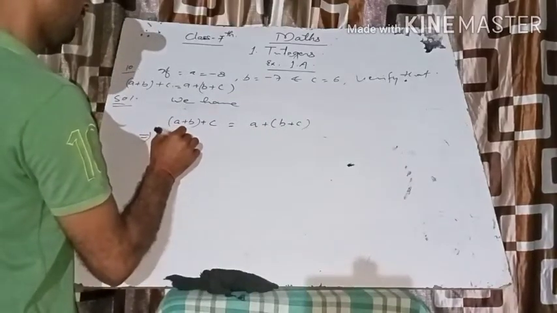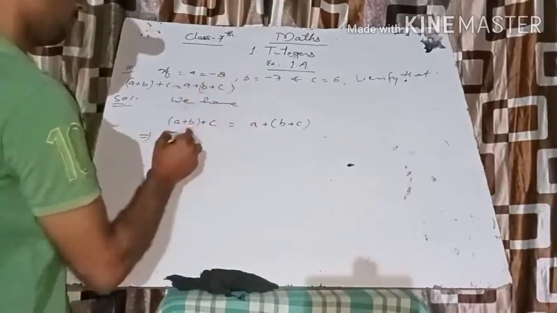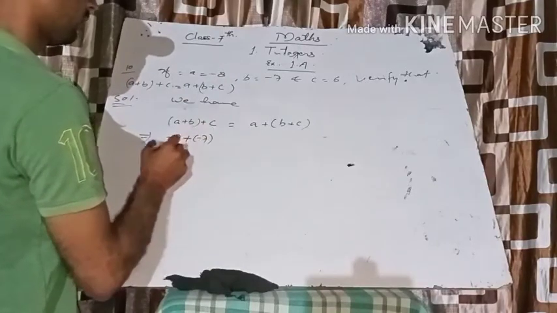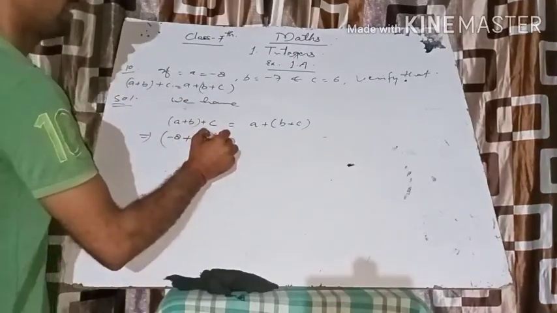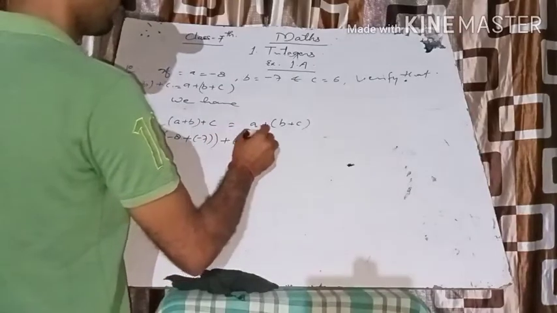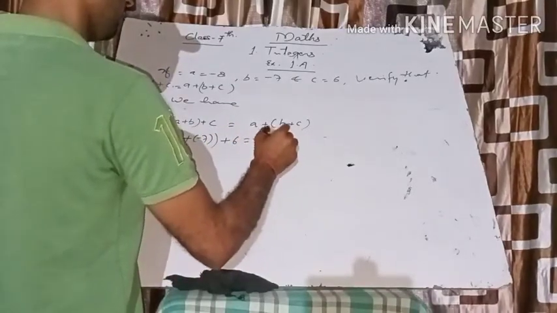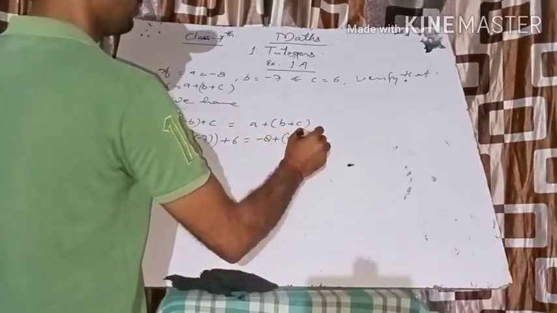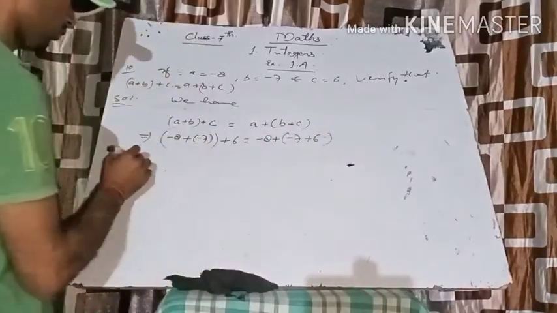So minus 8 plus, what is b? Minus 7. And what is c? Plus 6. So we write minus 8 plus minus 7 plus 6. Okay, now solve it.